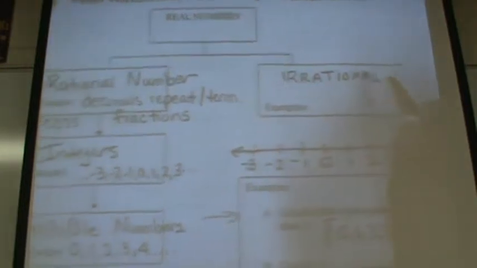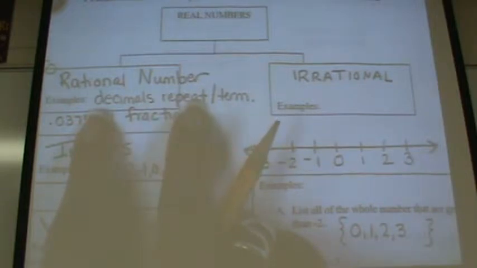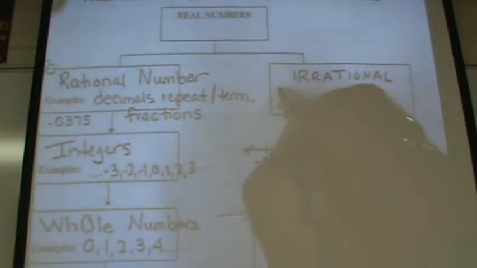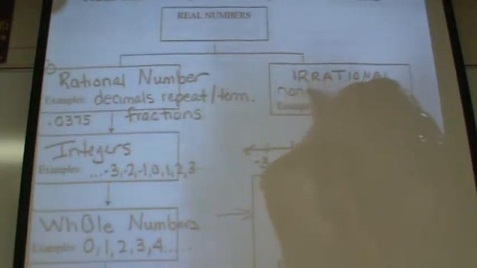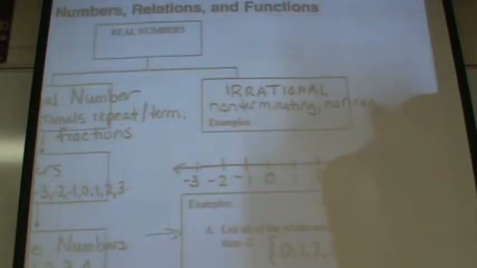What's a crazy number? It's a decimal that does not repeat or does not end. It's a non-terminating, non-repeating kind of number.